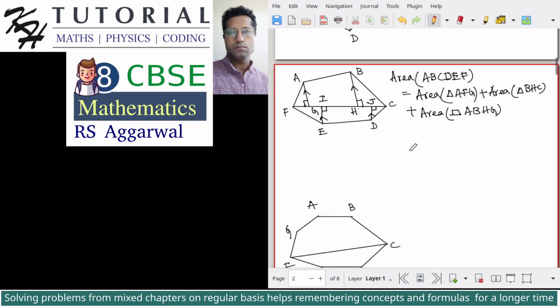So this is the total area of the figure above the diagonal FC. Now below the diagonal FC, the area will be the area of triangle FEI plus the area of triangle JDC plus the area of the trapezium IEDJ.